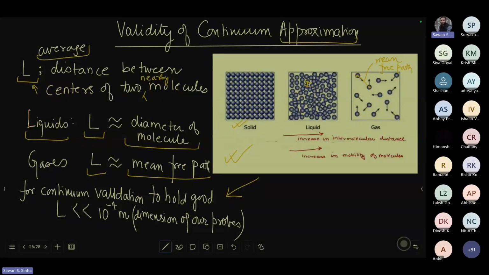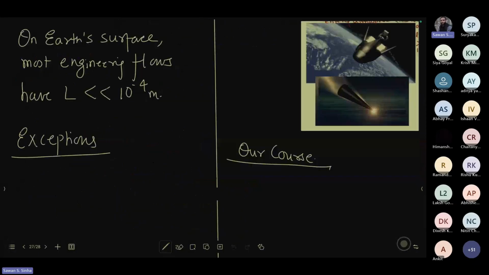For continuum validity to hold good, L should be much less than 10 to the power minus 4 meters, which is the dimension of our probes. L should be much less than the dimension of our probe. If this condition holds good, your continuum approximation is valid.